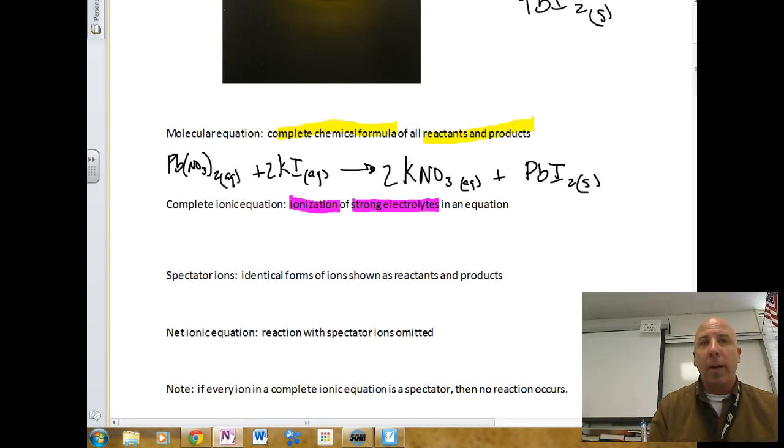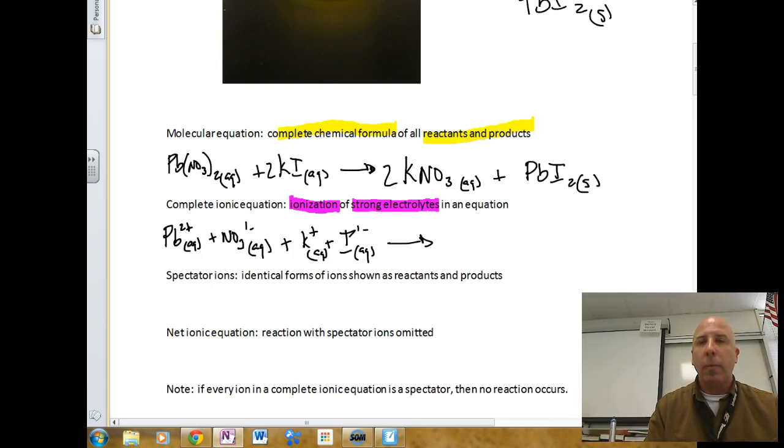Before we mixed the lead 2 nitrate and the potassium iodide together, we had solutions that just had ions floating around in there. So we had the lead ion, which was aqueous, the nitrate ion, also aqueous, the potassium ion, and the iodide ion, both also aqueous.